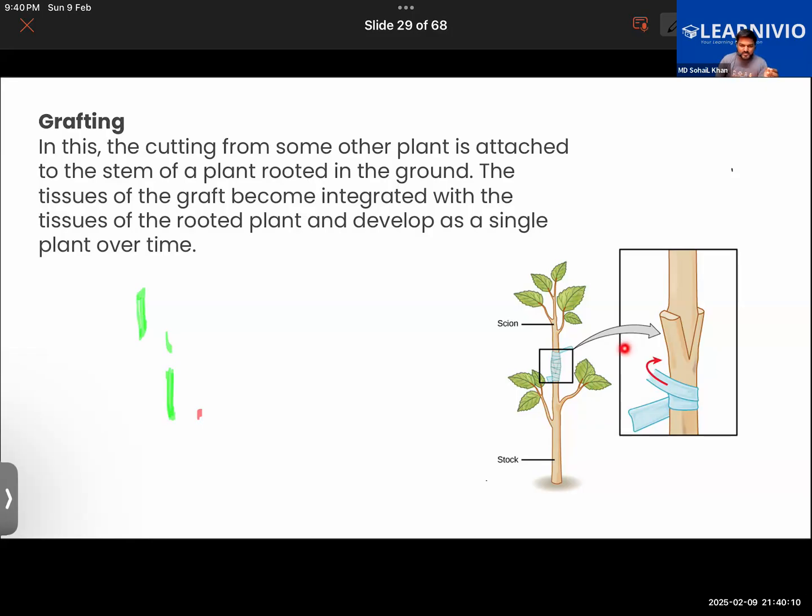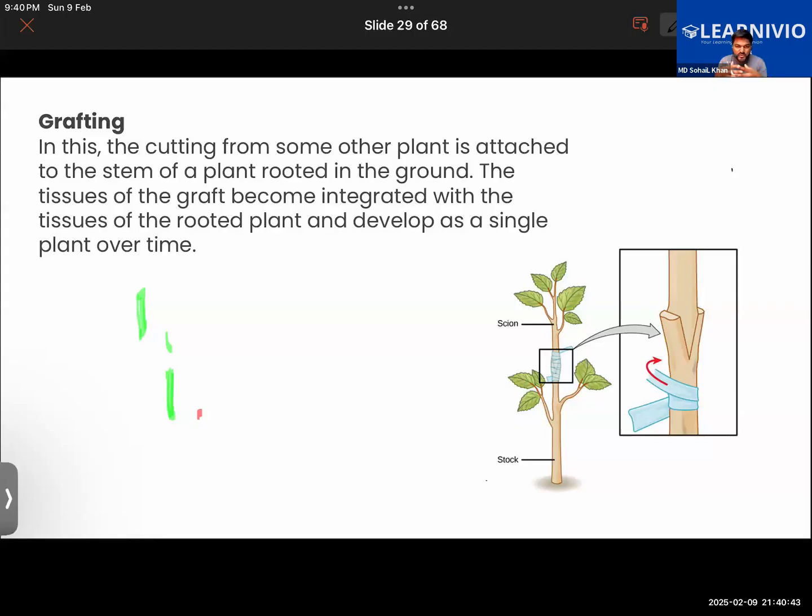The plant that is rooted into the ground is called a stock. And the other plant which has the shoot system is called a scion. We can treat them with some hormones to trigger the growth. You will tape them up and join them, and it is observed that after some time, the tissues of the two plants will start to integrate.